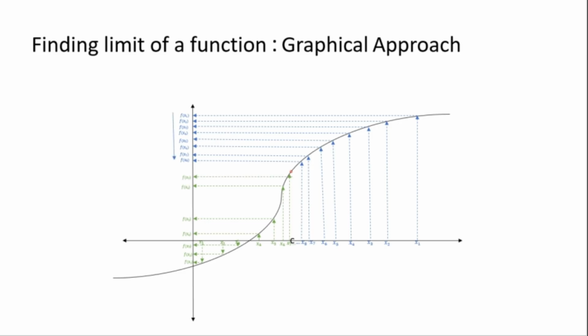The number that these values seem to approach is the purported limit of the function at c.